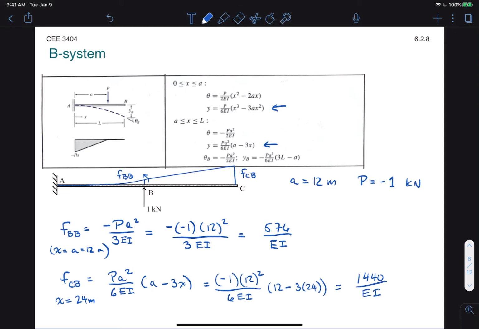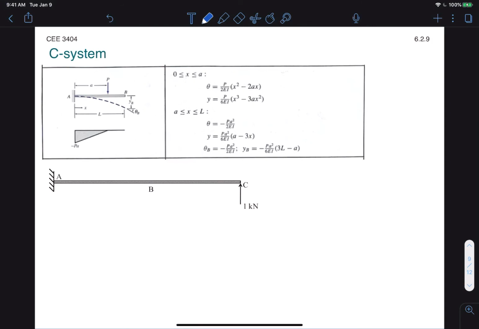Moving on to our C system, very similar procedure, only that our force is now at a different location. So force is now applied at A equal to 24. And again, it's in the opposite direction, so we have a -1 kilonewton value. And the positions that we want to solve for are, of course, at B for FBC and FCC.